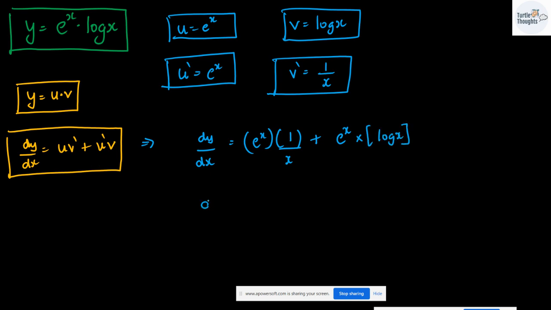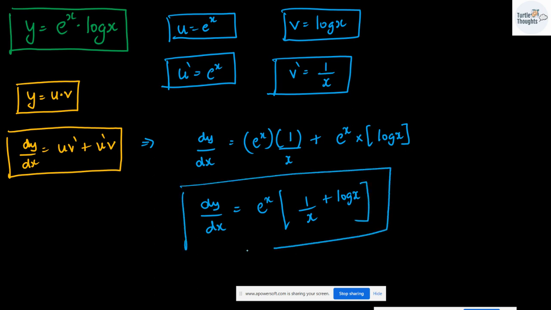When I simplify, I'm going to get dy by dx equals e power x common, and here it is going to be 1 by x, plus here it is going to be log x. This is going to be your final answer for the differential of y, if y is given as e power x multiplied by log x.